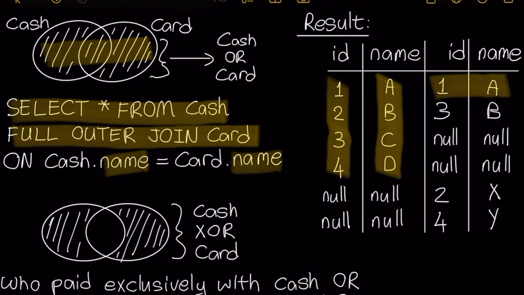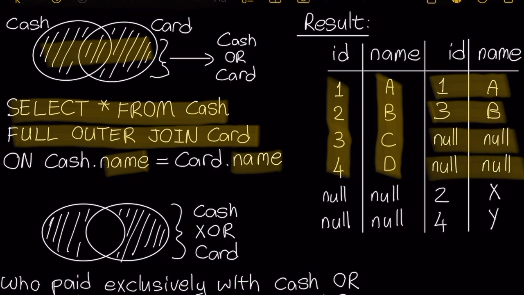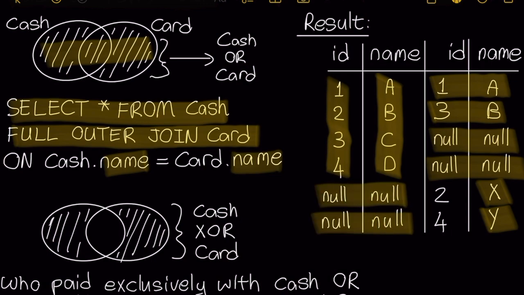For B, the ID is different, but the name is obviously going to stay the same. But for C and D, we don't have corresponding values, so they will be left as null. And the same thing happens when we look at X and Y. Since there's no corresponding values for these on the cash table, they will be null.